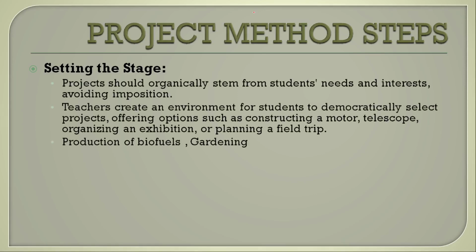Now let's look into the project method steps. The first step is setting the stage or providing a situation in which the projects should organically stem from the students, or arise from the students' needs and interests, avoiding imposition.